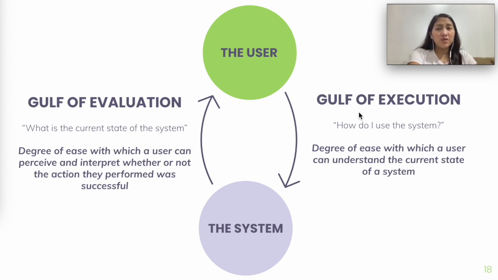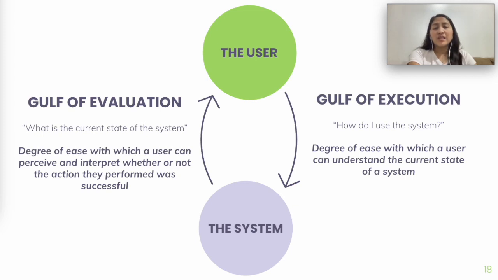And the user also knows how to operate the switch. This means that the gulf of execution is small. Don Norman has stated that in order to design the best interfaces, this gulf must be kept as small as possible.